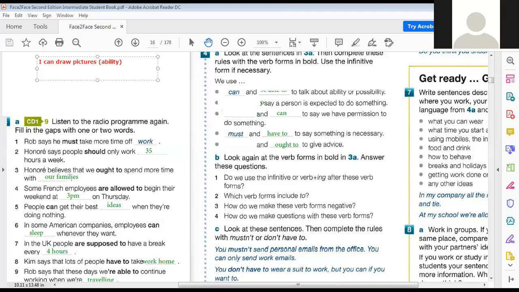Possible or not possible? No, possibility, it means when something is optional, when you can do something in an optional way. Can you come with me? And this is a request.